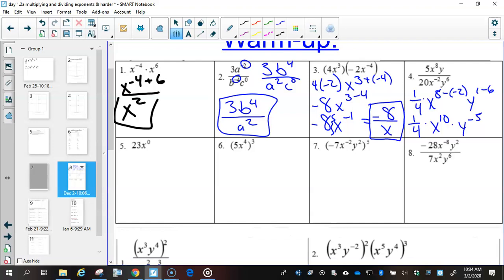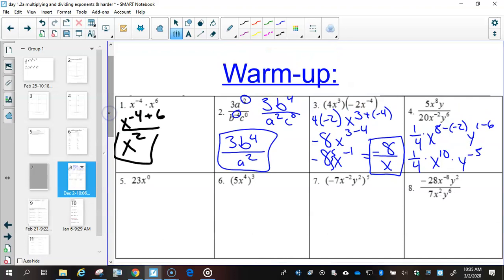When we combine these, your y is going to move to your denominator. Your x will be in your numerator. So we'll have x to the 10th power over 4y to the 5th. I changed y to the negative 5 to 1 over y to the 5th. Then we combine all of our fractions together.